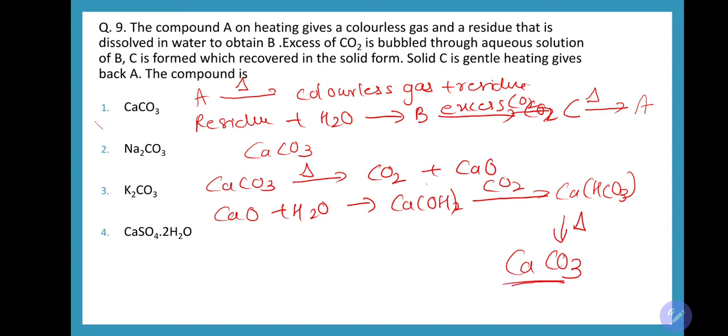So the answer is CaCO3. Clear? Now let's move to the next question.